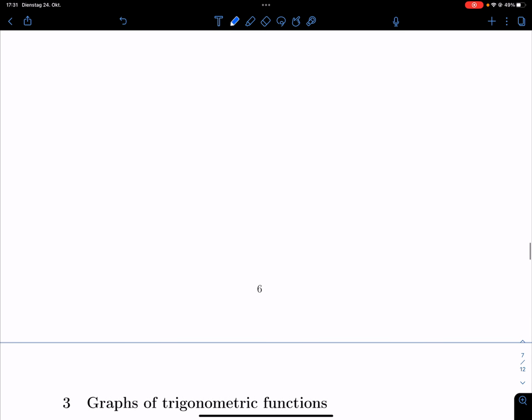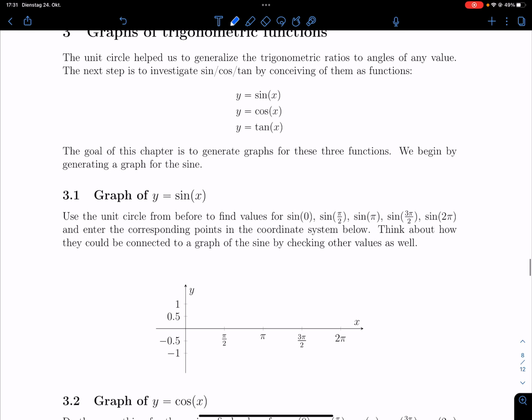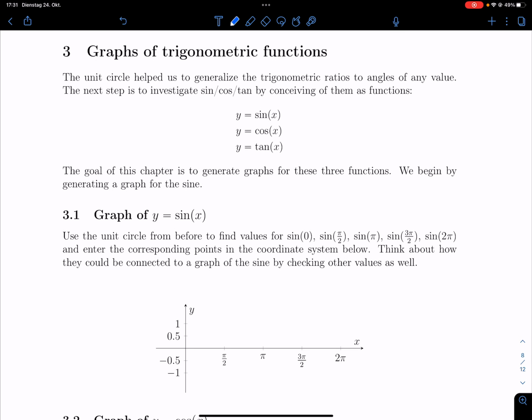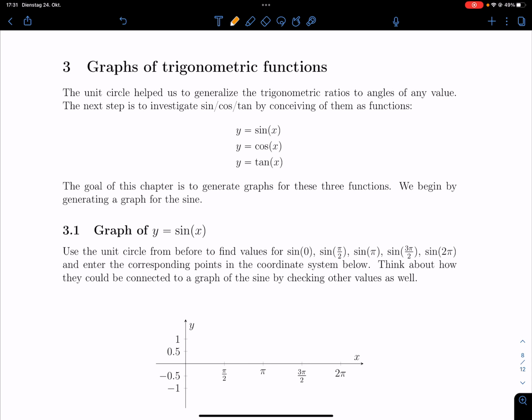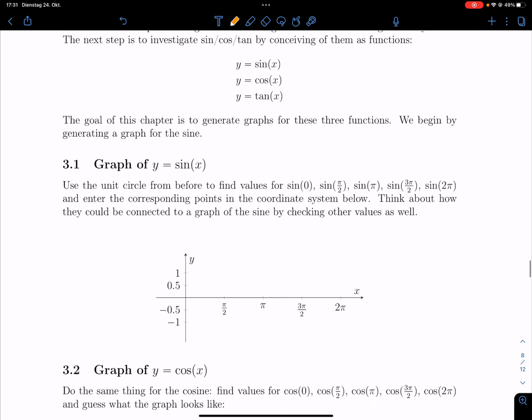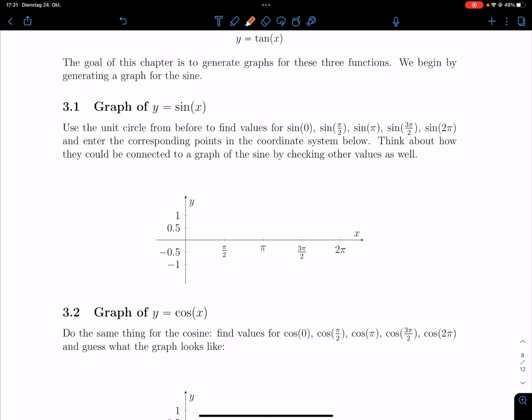All right, then we jump to the trigonometric functions. We used that in class to generate the graphs of the trigonometric functions, or we looked at this in this chapter. Here, again, if you want to go through it yourselves, try to enter those values.